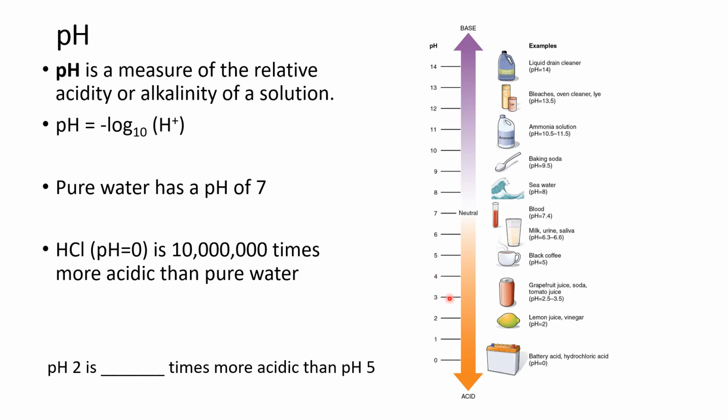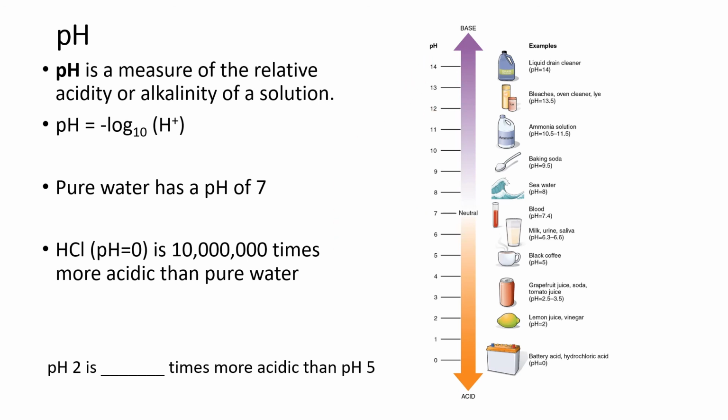Well, pH 3 is more acidic than pH 4 because the number is lower. How much more acidic? Not 1 more acidic, it's actually 10 times more acidic. So every step that you take increases the acidity by a factor of 10 if you're moving down on the scale. If you're moving up, it increases in alkalinity by a factor of 10.